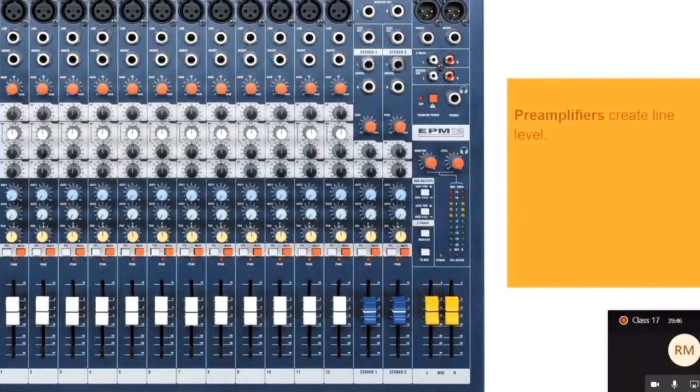The microphone and instrument levels need to be beefed up to line level in order to operate within a mixing board, in order to be routed to signal processors, and in order to be accurately converted to digital via your analog to digital converter.